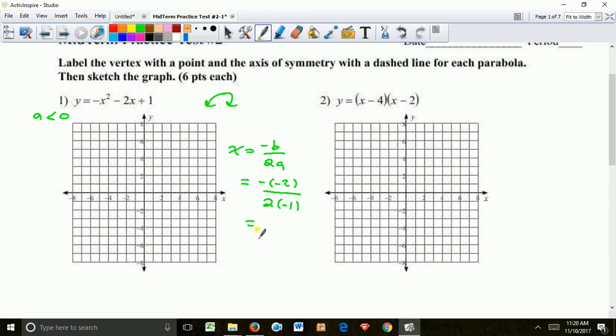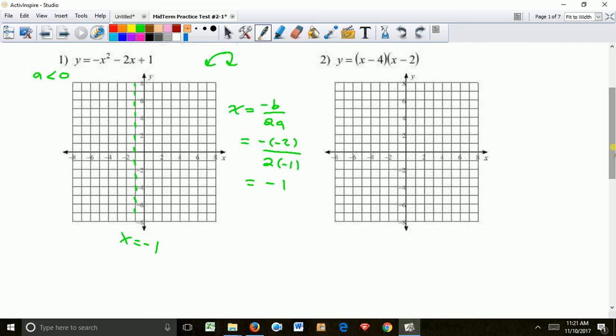The opposite of negative 2 is 2. 2 divided by 2 times negative 1, and you're going to get negative 1. So there is your axis of symmetry. You draw a dashed line, like they say. Once you have the axis of symmetry, you're going to plug that into your original function.